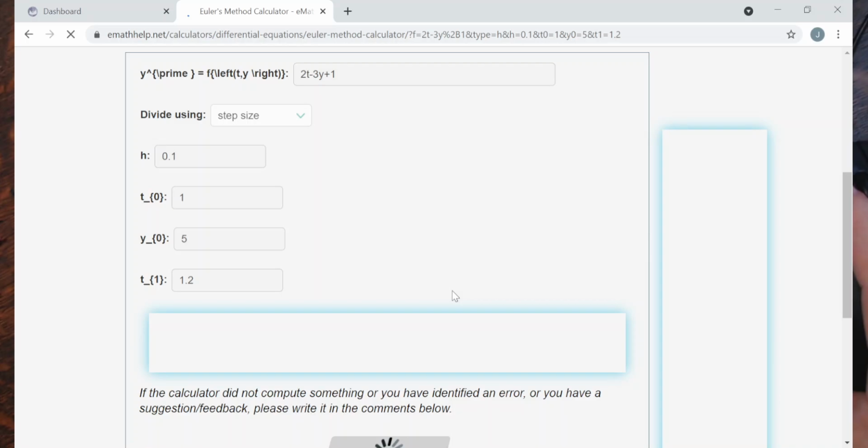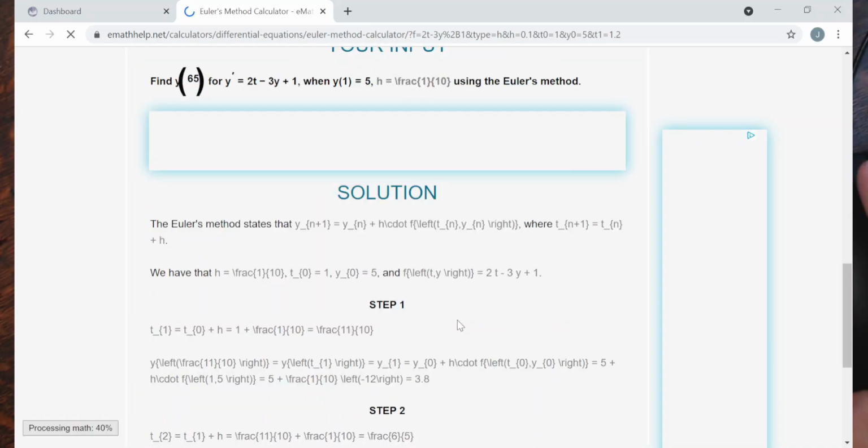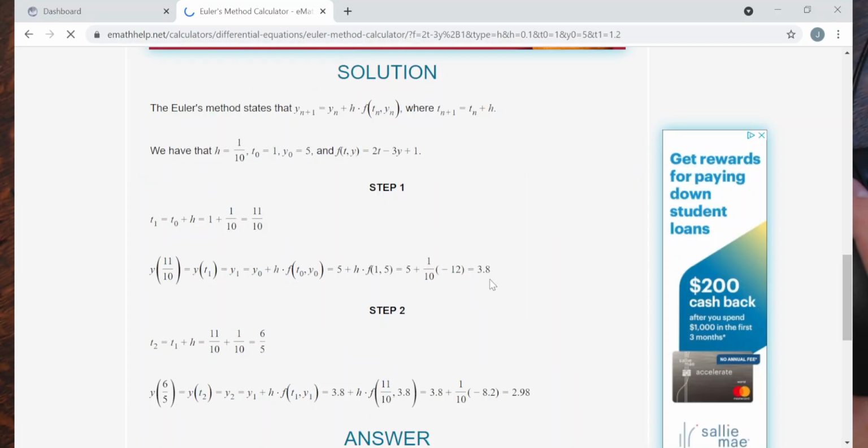All right, look at this. Eventually it comes up. Okay, you see y at 1.1. Now it's using fractions, but y at 1.1 is approximately 3.8. That's what we got after our first step.